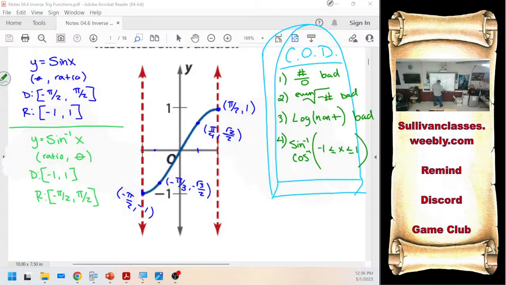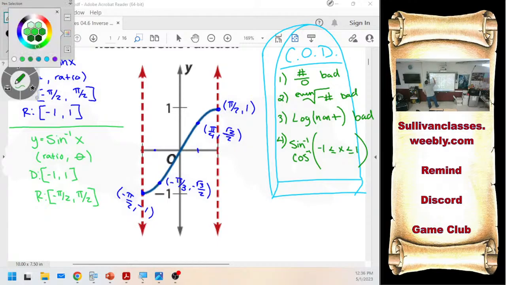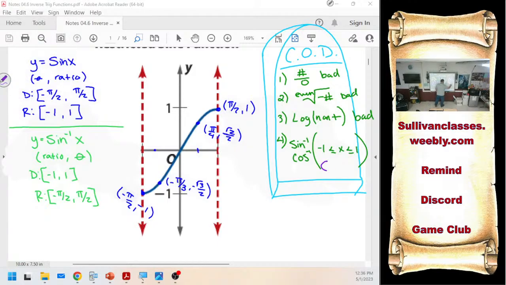This is good. The 4th commandment of domain says, if I'm taking the arc sine or arc cosine of a thing, I can only do it with values from negative 1 to 1 because, look at your unit circle. That's as big as they ever get.